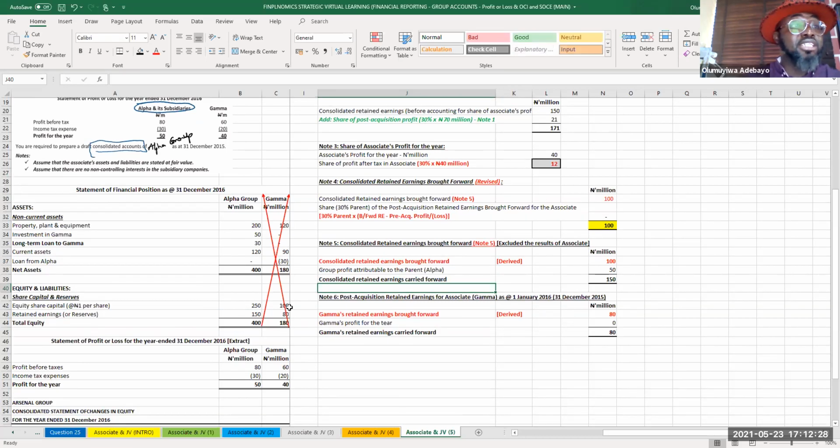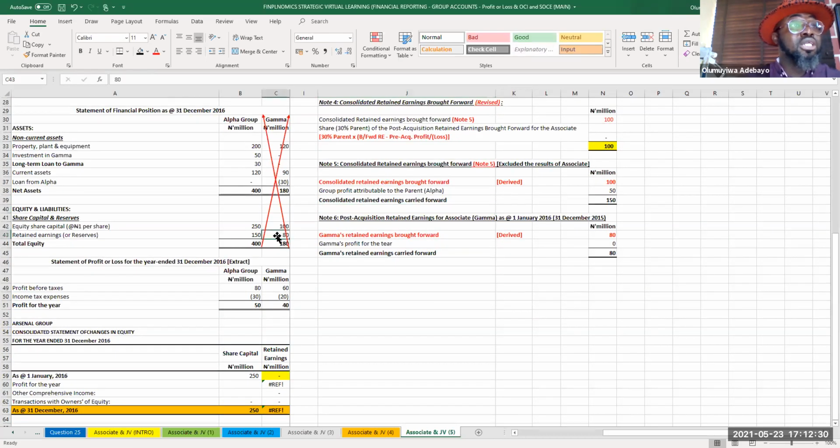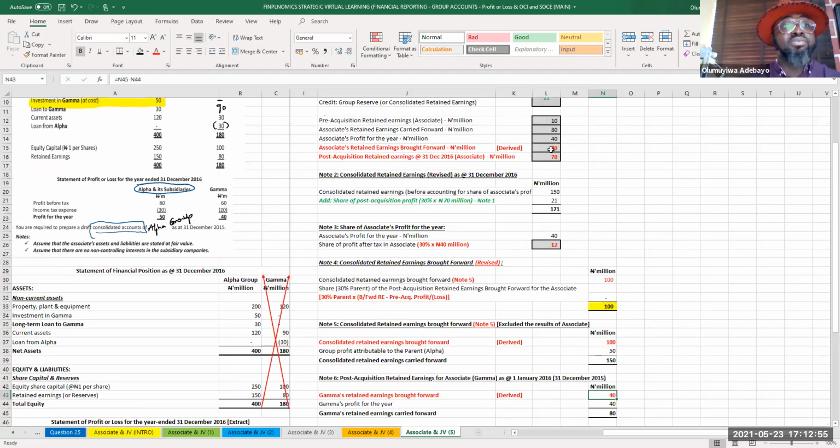Okay, what is Gamma's profit? It was 80. If you check here, 80. What is the profit for the year of Gamma? Profit for the year for Gamma, if you come back here, is 40 after tax. It then means that Gamma's retained earnings brought forward is 40, which is the same 40 we have here.